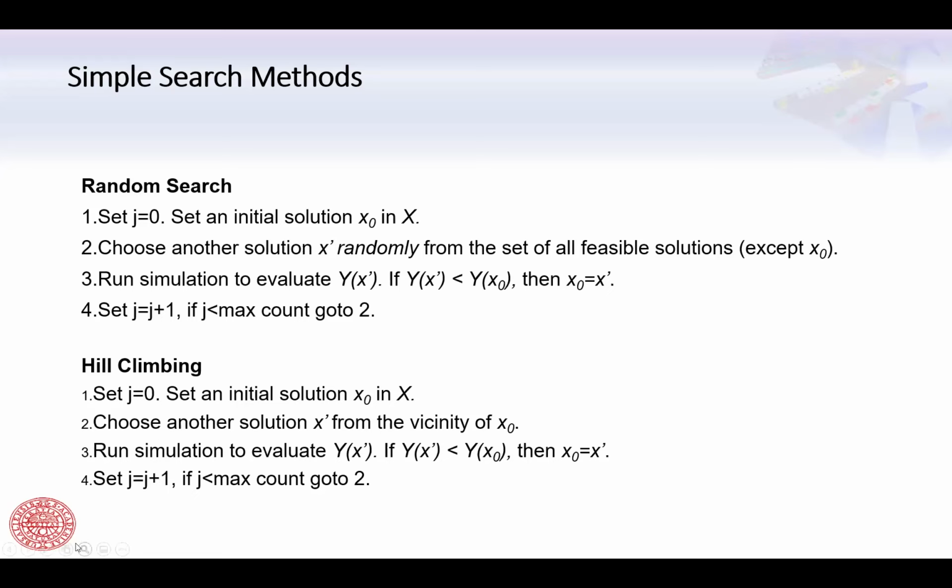And then for hill climbing, you may also ask one question, as we also talked about last time: it could be easily trapped in the local optima. If you are just choosing some solution from the vicinity, then of course it seems quite easy to be trapped in some location.